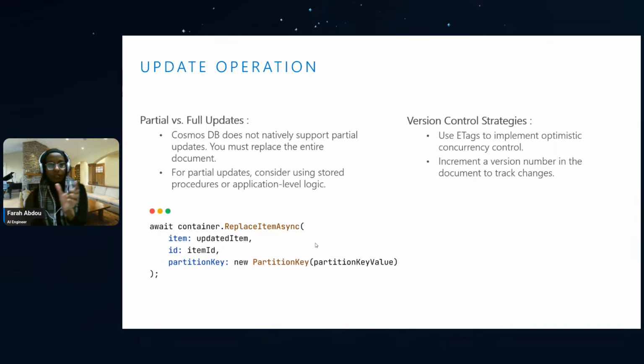For partial updates, we need to consider stored procedures or some application logic. We will do this today, of course. For version control strategies, we will use ETags to implement optimistic concurrency control, and we will increment a version number in the document to track these changes.